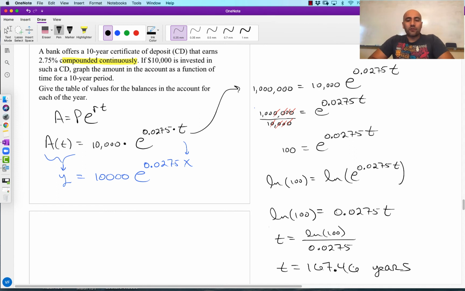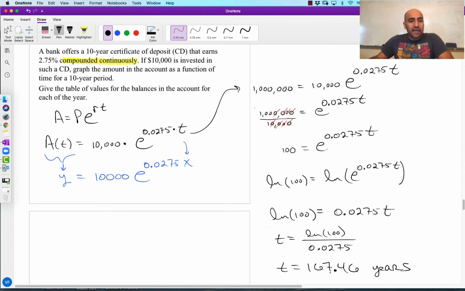I can rephrase the question and say, if I invested $10,000 today at an interest rate of 2.75% compounded continuously, how long will it take for my $10,000 investment to grow into $1 million? The answer is, it's going to take 167 and a half years.